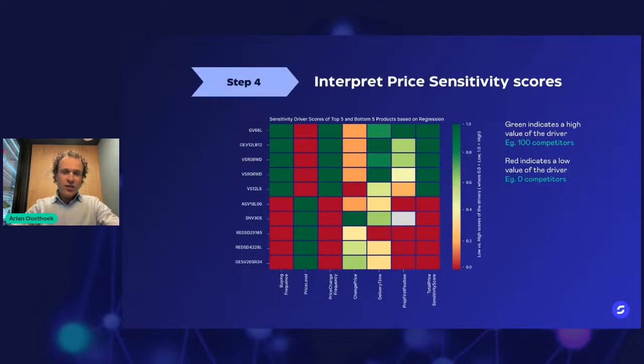What's always a nice exercise to do with the company is to visualize the top 5 most sensitive products and the top 5 least sensitive products. And what you see here is on the vertical axis, you see your product codes, and on the horizontal axis, you see the drivers. And it gives a nice overview of the contradiction between the most sensitives and the least sensitives, where you see they're behaving totally different.